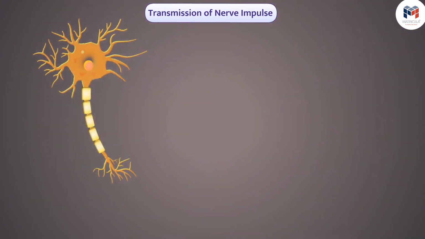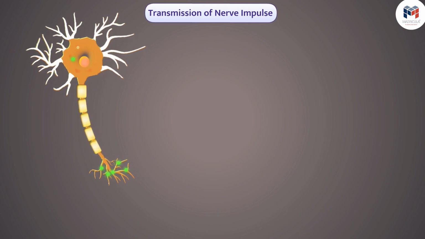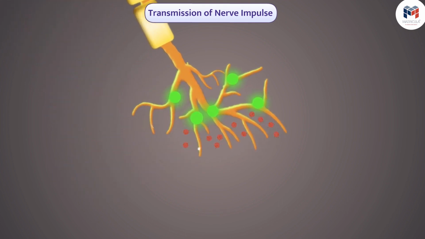The information detected at the end of the dendritic tip results in a chemical reaction which creates an electrical impulse. Through the dendrite, the electrical signal passes to the cell body. Traveling through the axon, it reaches the end of the axon. It causes the release of chemicals called neurotransmitters.